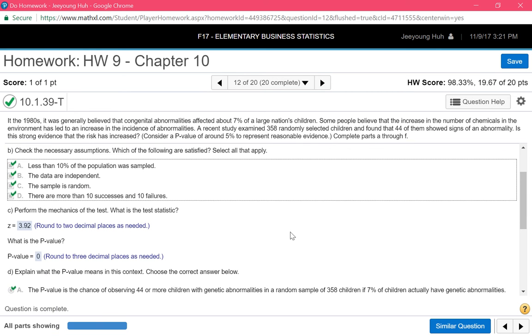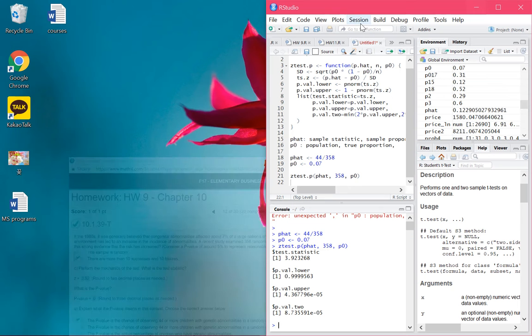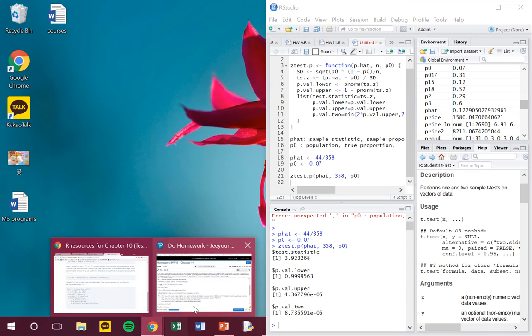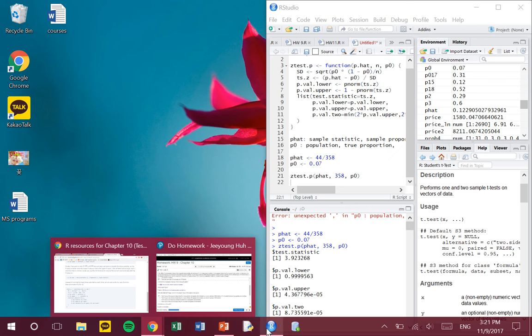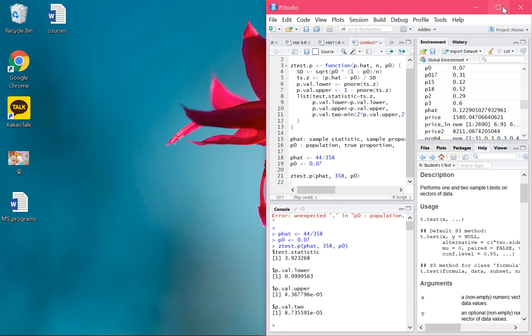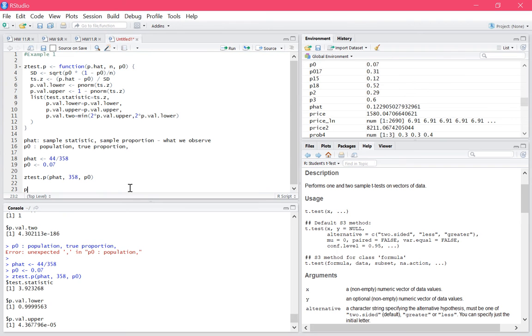And also we want to go over how we interpret p-value. So p-value is the probability of seeing a sample like the one that we observed in the natural world, assuming that our null hypothesis is true.